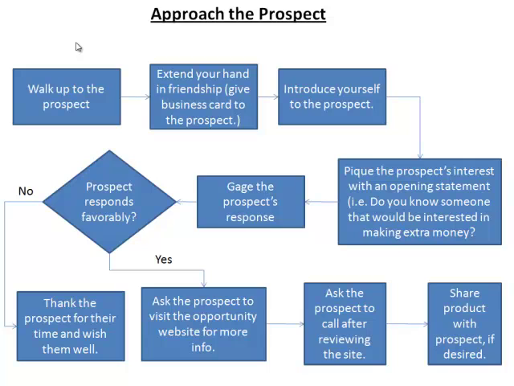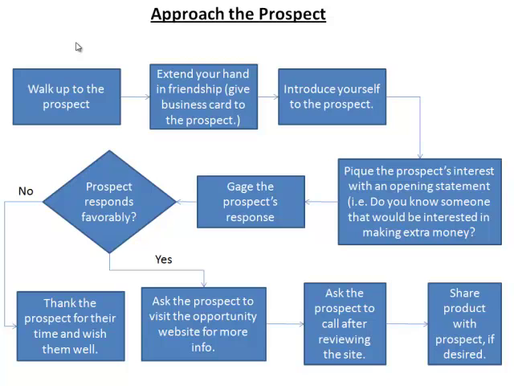Gauge the prospect's response, and here we have a decision box, basically a fork in the road, that asks us to determine whether or not the prospect has responded favorably. If the answer is no, then we thank the prospect for their time and wish them well. If the answer is yes, then we move forward and ask the prospect to visit the opportunity website so that they can get more information about the opportunity.